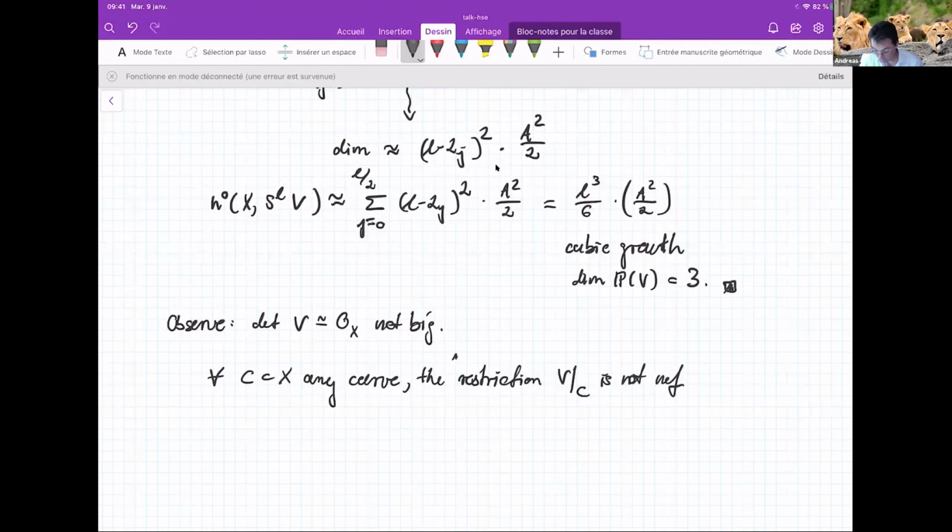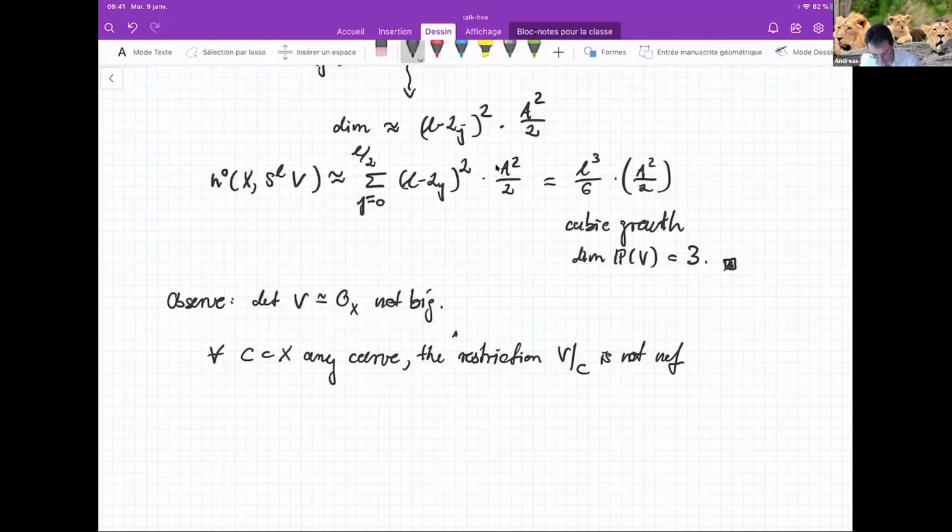You can check this in the same way that you did the exercise on P1 before. So this is counterintuitive to the feeling that pseudo-effective, or big even more, should tell you that on most curves things go well.